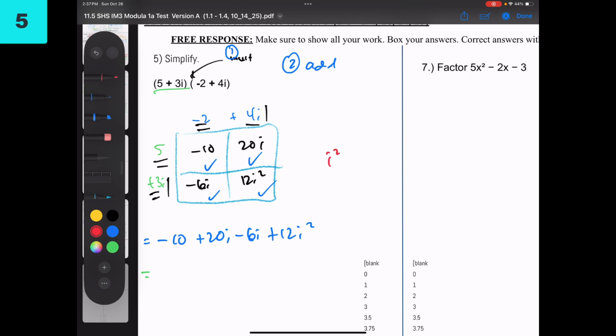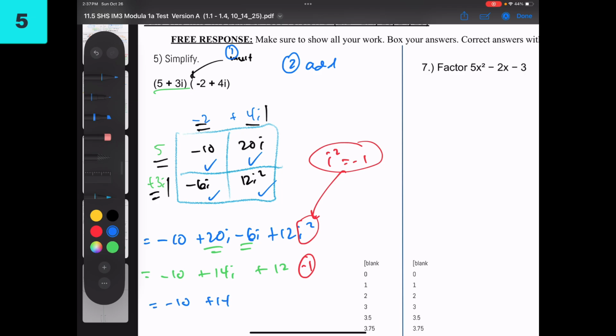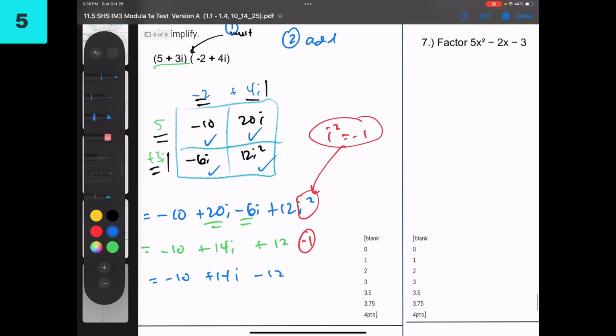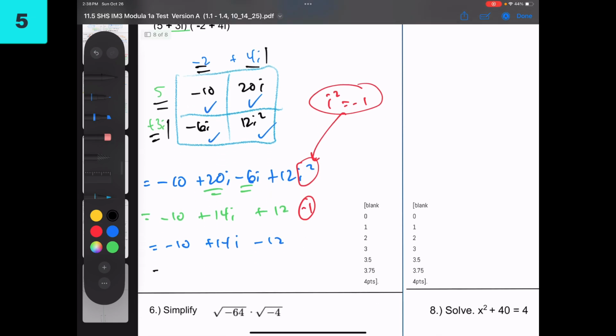Okay, we learned earlier that i squared is equal to -1. So -10, this is going to become plus 14i. And this is 12 times -1, which is -12. And then that'll equal -22 plus 14i is your answer.